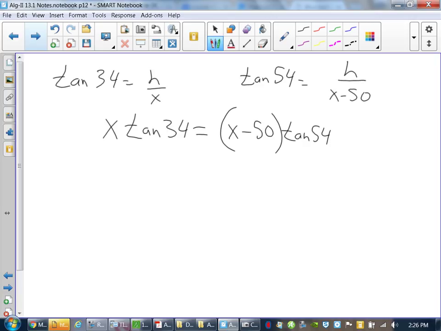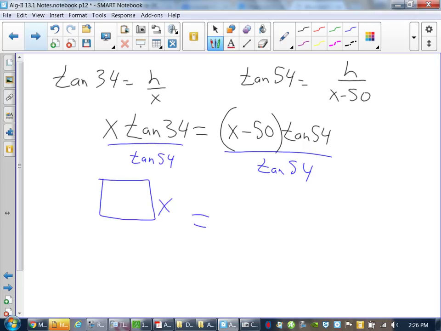Because if I divide this side by the tangent of 54, and I divide this side by the tangent of 54, I'm going to get some crummy decimal times x, some decimal number, equals x minus 50. Are we okay with that?